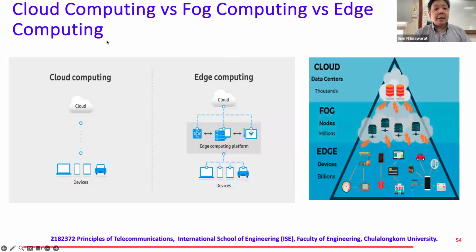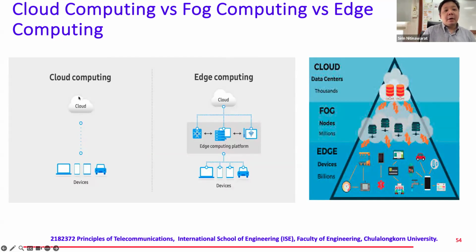So here's a picture differentiating the different levels of computing. Okay. The edge computing is very close to the users. Okay. The further you go into the core, right? The larger latency you may introduce.